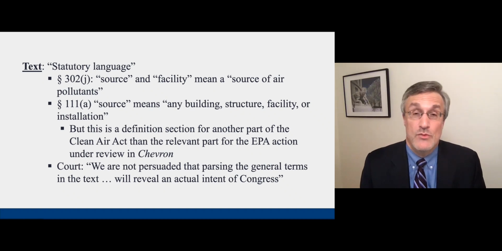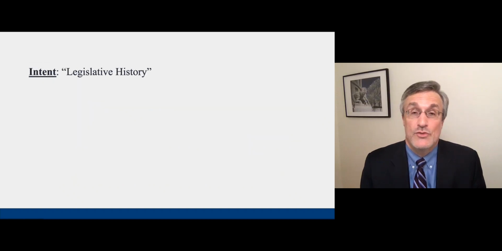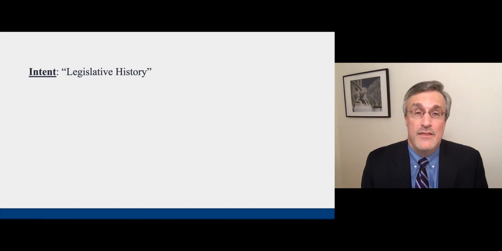So the court did what courts will at times do, is looked elsewhere to try to understand what this statute meant. And the elsewhere that courts will turn to often is to legislative history. This refers to the history within Congress that led from the bill being introduced to a law being passed.